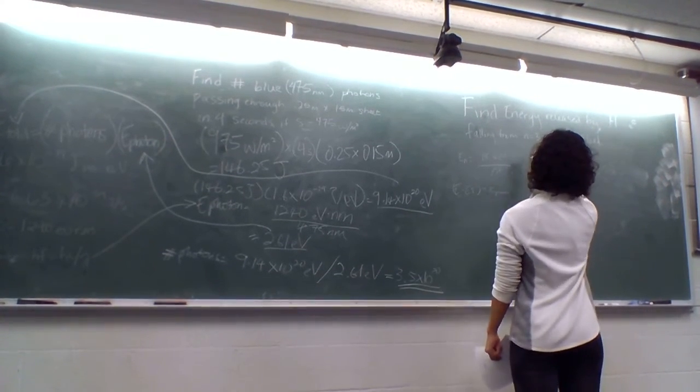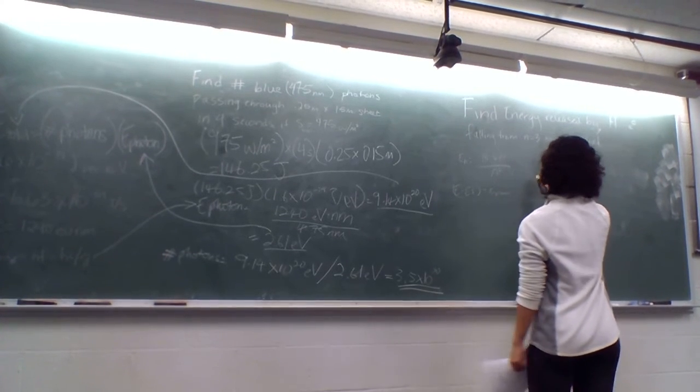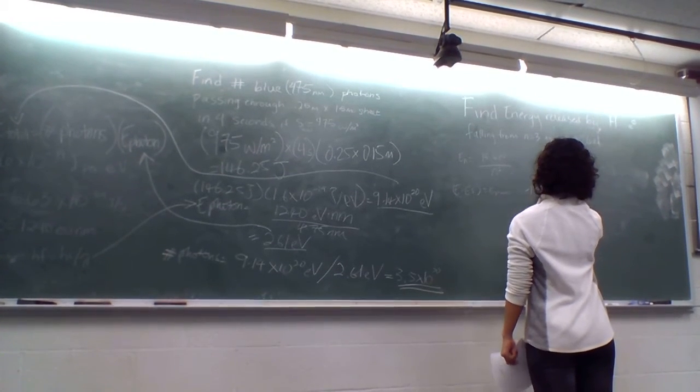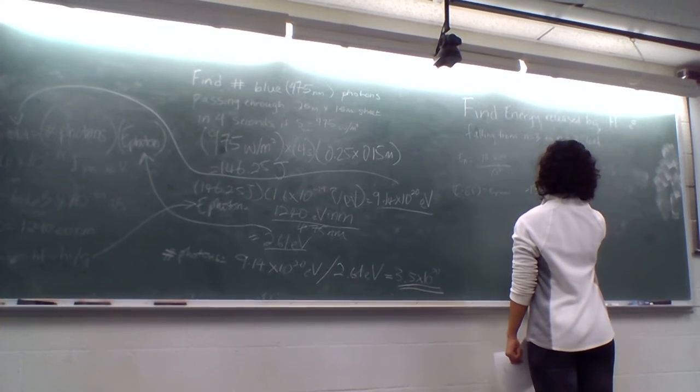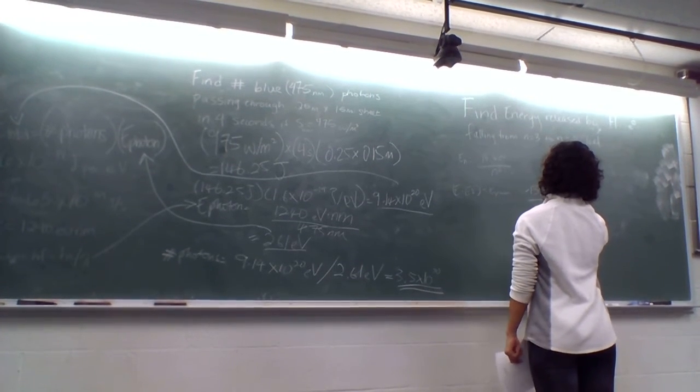Okay, so from N3 to N2, N3 would be negative 13.6 over 3 squared.